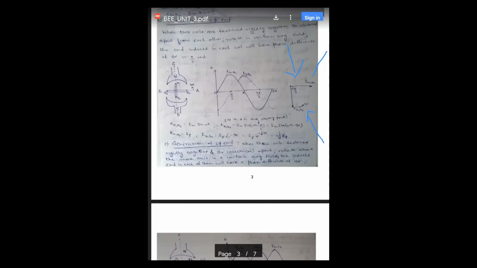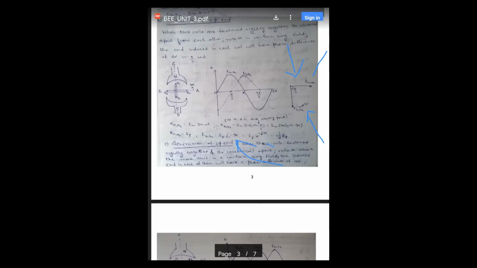Okay, so we can also say that the instantaneous values are Em sin omega t, and the second is Em sin(omega t minus pi by 2), if the maximum value Em is the same. Okay, so if we denote it as a phasor, then E A1 A2 is equal to EP angle 0, and the second is lagging by 90 degrees.